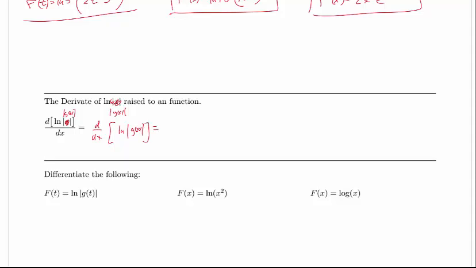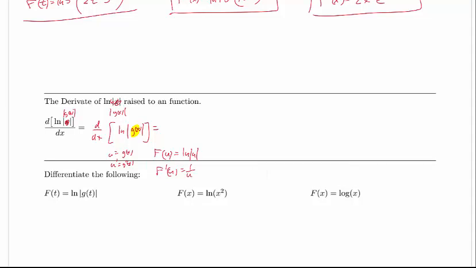Okay, so if we have this set up, what is the derivative? So first we say, okay, what is our u? That's this guy here. And so u prime is going to be g prime of x, and our f of u equals the natural log of u, and the derivative of the natural log of u is 1 over u.